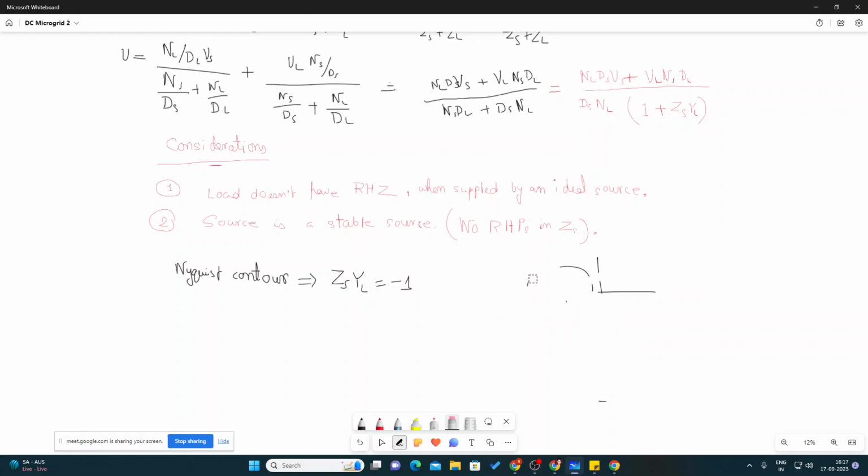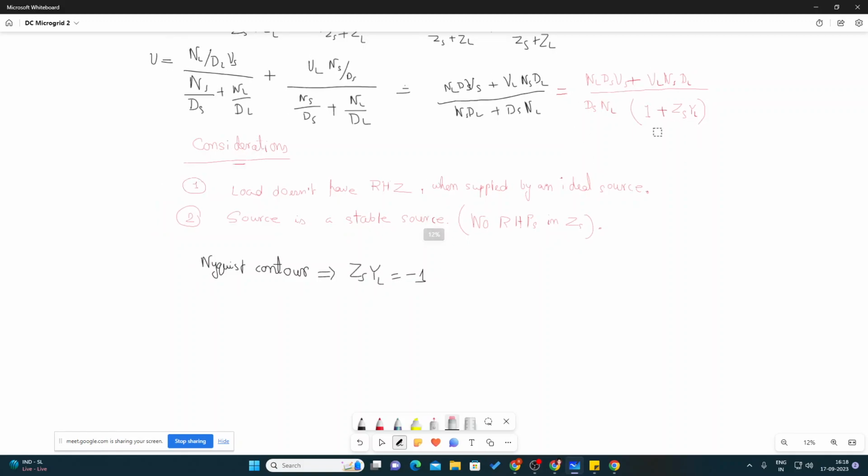Do we need to check the total, or should the Nyquist criterion first be satisfied, and then the term 1 plus ZS YL be removed and the remaining part checked? No, you just need to check ZS into YL, not the whole thing, because this is in the denominator, and whatever is in the denominator will determine stability. The remaining part is DS into NL, and that is the numerator.